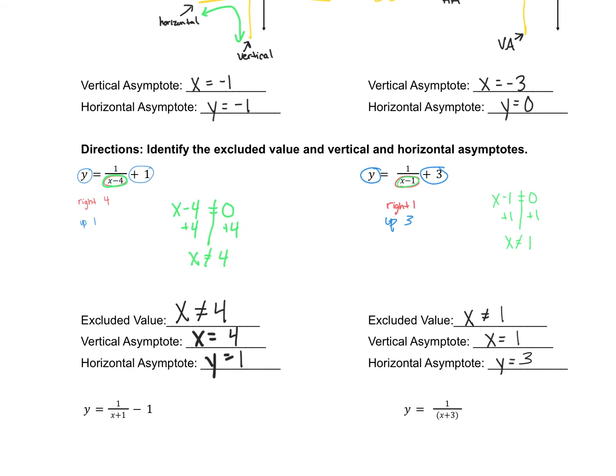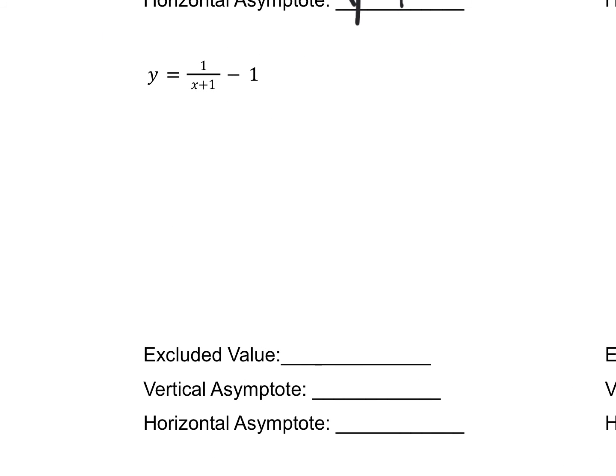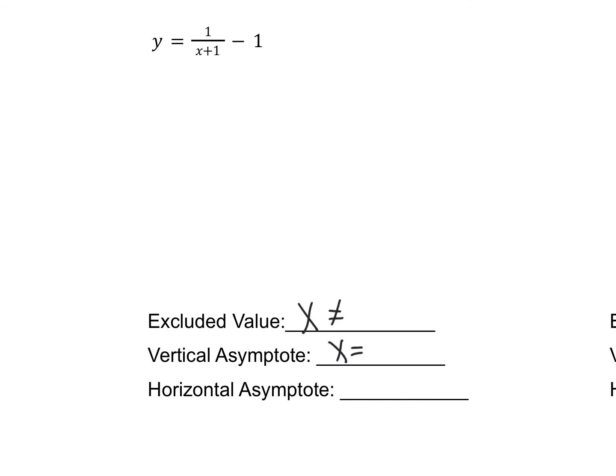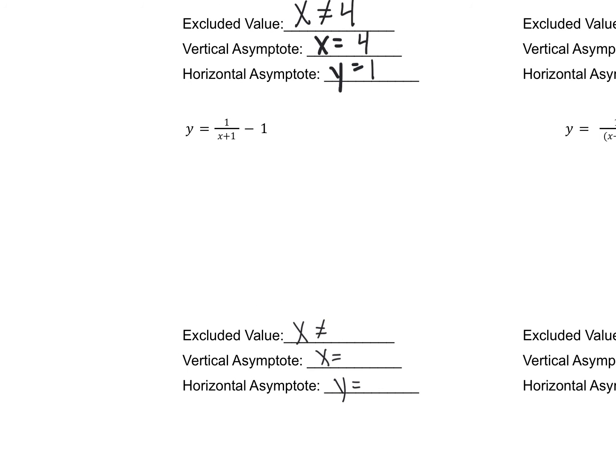If you notice, your excluded value and your vertical asymptote are going to have the same values. Okay. The only difference here is that the excluded value will have that line through it. Let's try another one. Okay. So I'm going to fill in my excluded. X does not, x does, and y does.